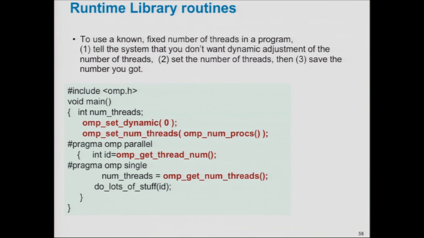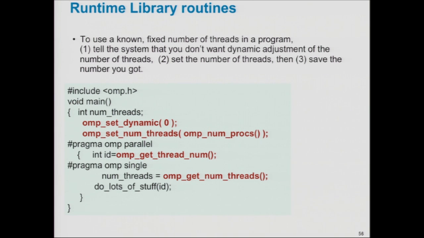If it's true, then at each parallel region, the runtime is allowed to decide, I think this parallel region should get this many threads. So if you want to enforce, to some extent, how many threads you're going to get, you want to set that to false.